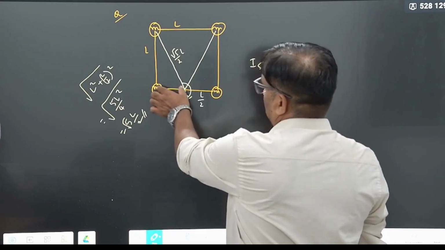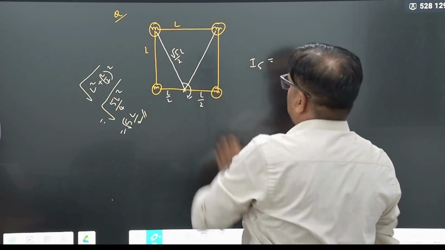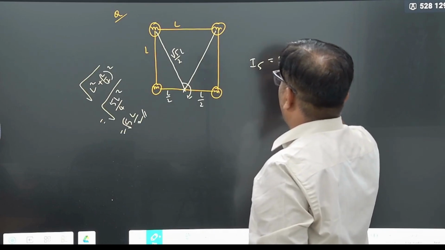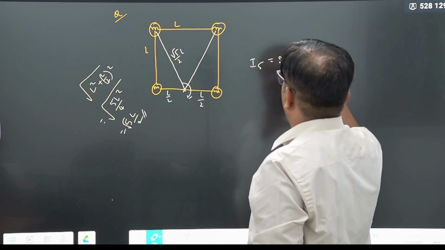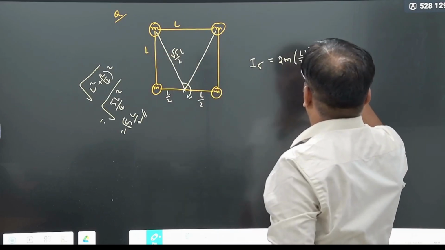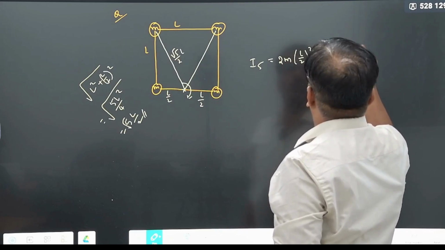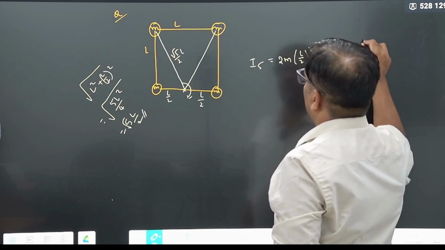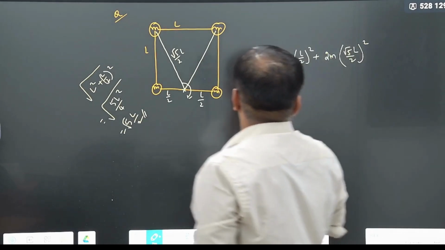Therefore here these masses are same, distance is same, mass same, distance is same. So therefore 2m into L by 2 whole square plus 2m into root 5 into L by 2 whole square. Clear? So simplify this one.